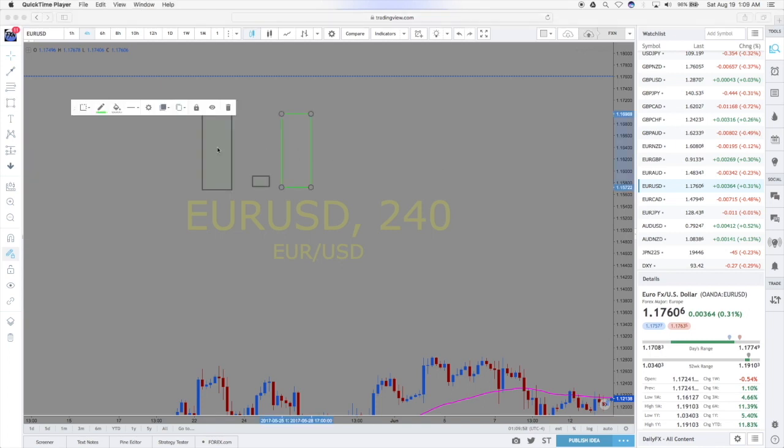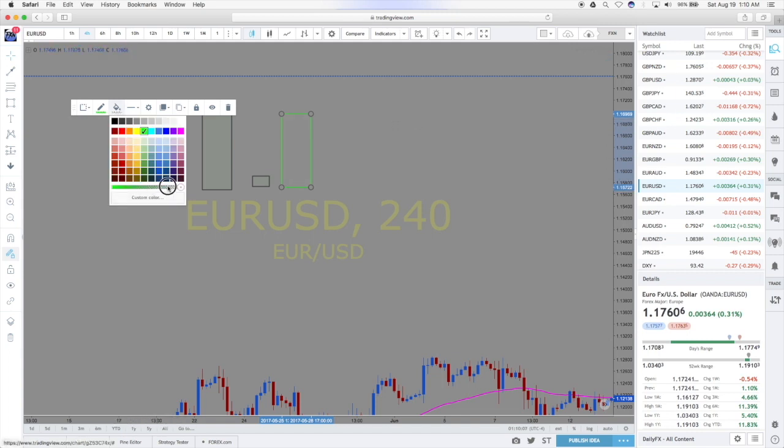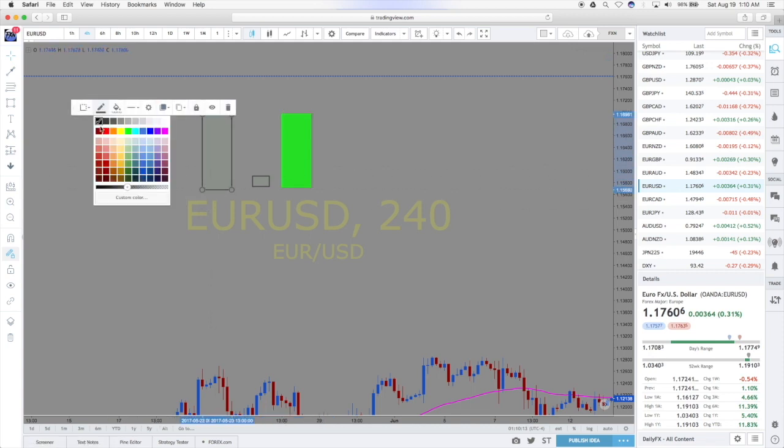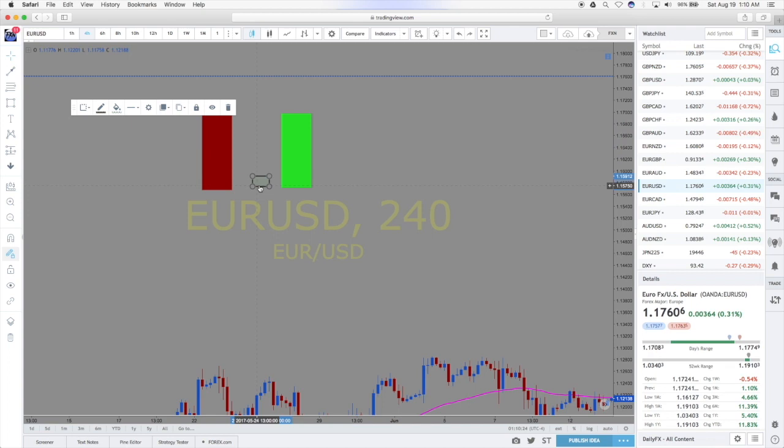And let's just go ahead and add some color to this here. So we'll go ahead and just make this one here green as well. You can clearly see what this one is here. This one will make red, red, and this one, let's just make this one green here for now.